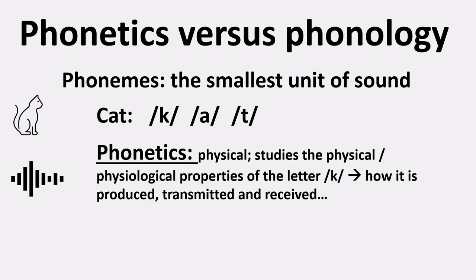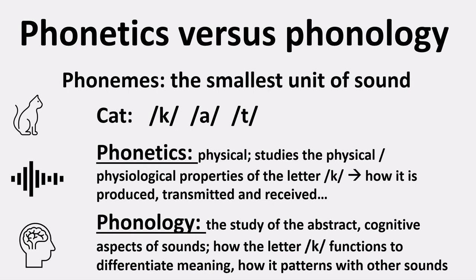For instance, the letter K in phonetics. People who study phonetics will study how we articulate the letter K, how it is produced, how it is transmitted as a sound wave into the air, how this sound wave is perceived by a listener. So it's basically the study of the physical properties of sounds.